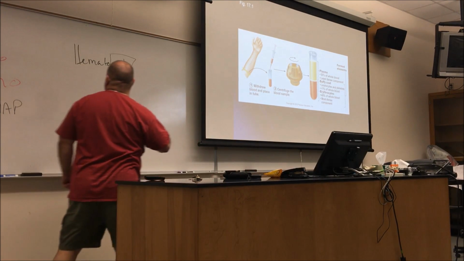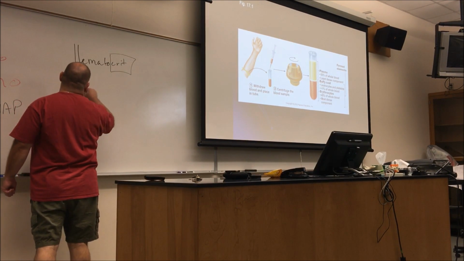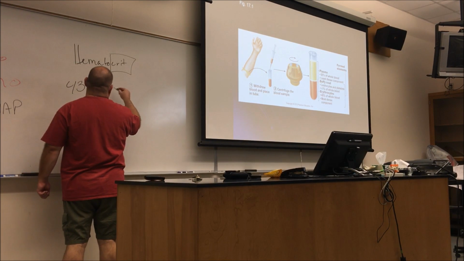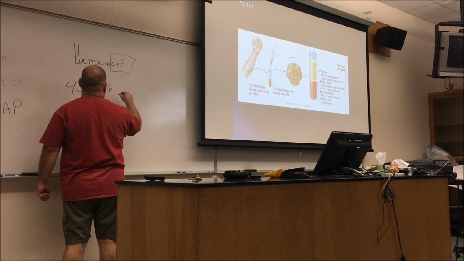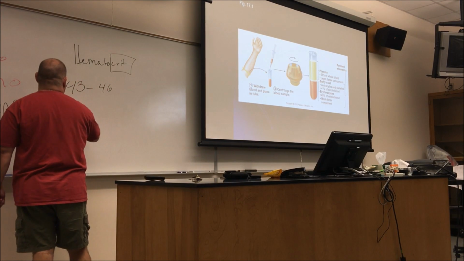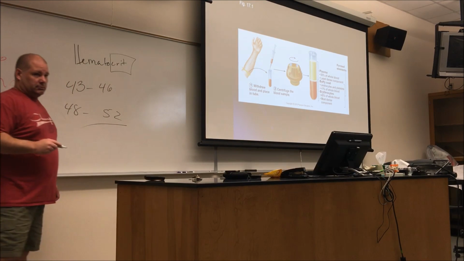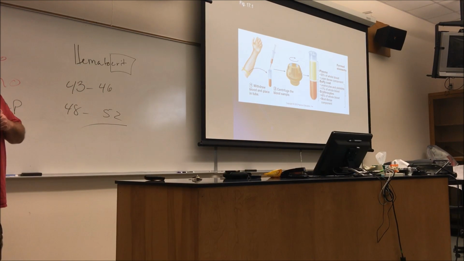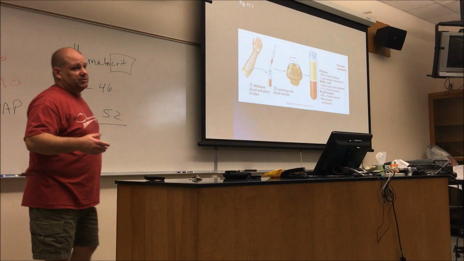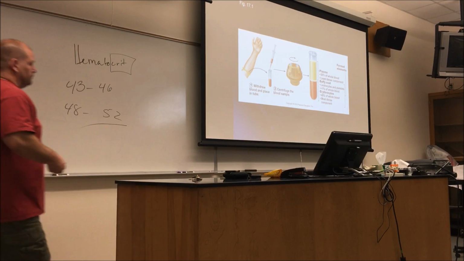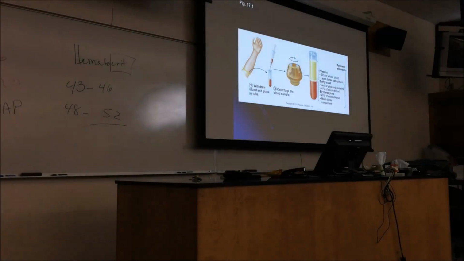So women can have a hematocrit that's 43, 42, somewhere in that general ballpark, up to about 46 to 47. Men can have one that's going to be higher, about 48 to about 52. Okay? And again, take-home message, you should have an idea what a hematocrit is. You should also have an idea about how blood is broken down.